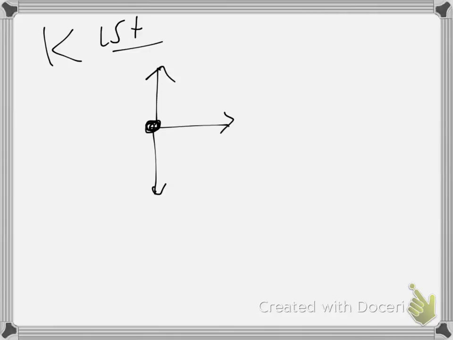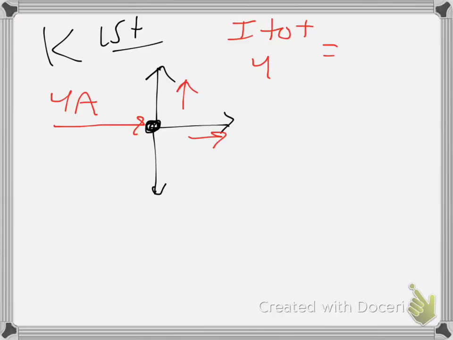We don't even need to know what happens at the end of those directions. Say coming into this we have 4 amps of current. What Kirchhoff's law is saying is that's the total current. So I total is 4. It has to equal I1, I2, and I3 added together.